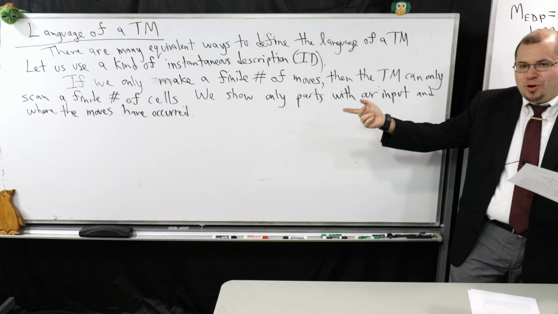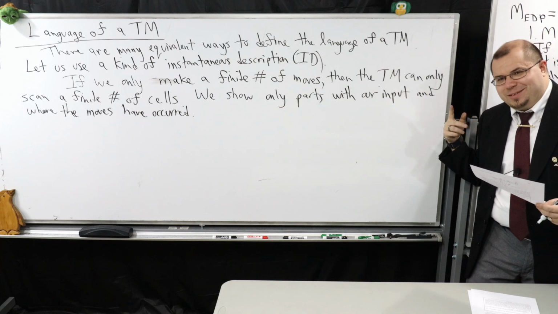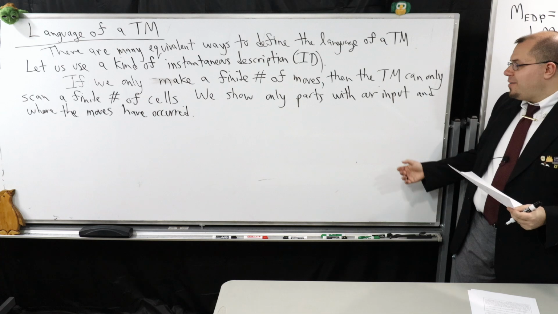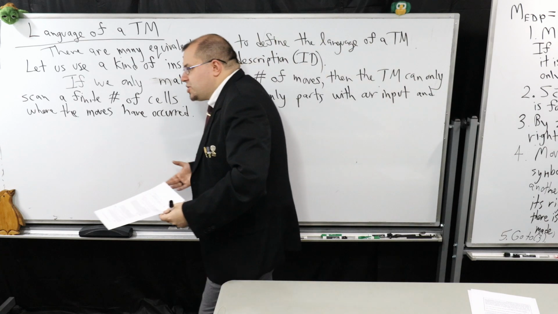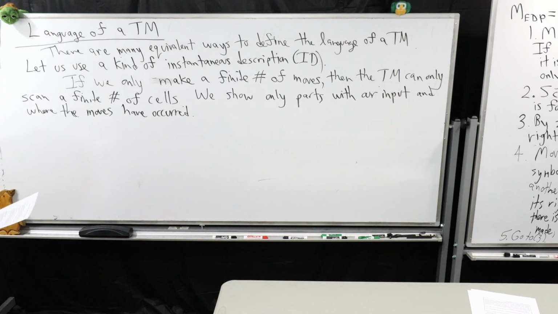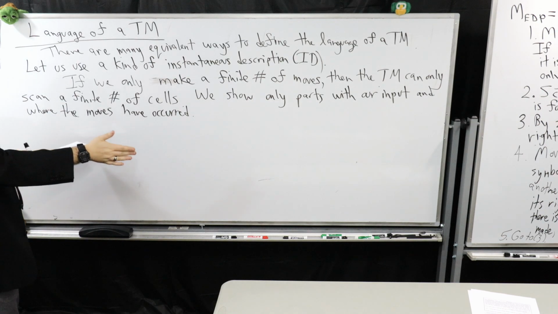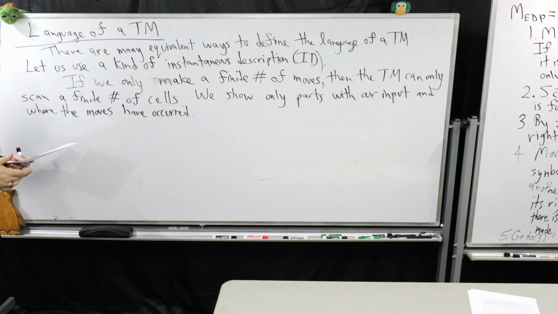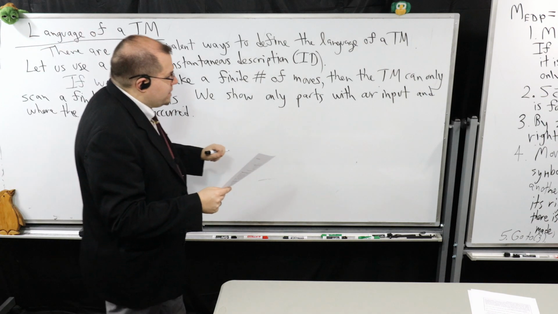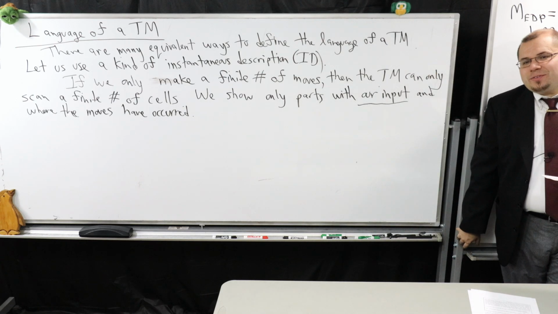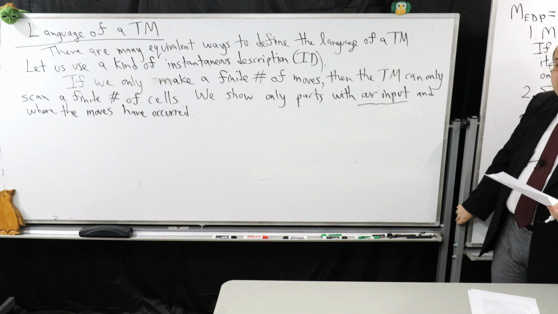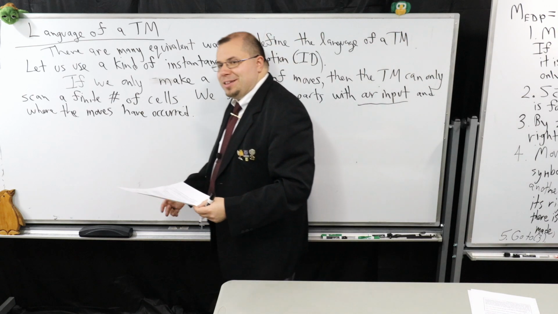Because I can move all the way along a tape and write a whole bunch of blank symbols, so we might have to account for both of these, not just the input. When you initially describe the ID, it would simply be the input, but if you go slightly to the right of the tape, beyond where the input is, you're going to have to describe this too. Usually the convention is, if the input is the only part that really matters, you just write the input. If you find yourself with a bunch of blanks between parts that you're writing, then you have to write those. Otherwise, it's really unclear what you're doing.